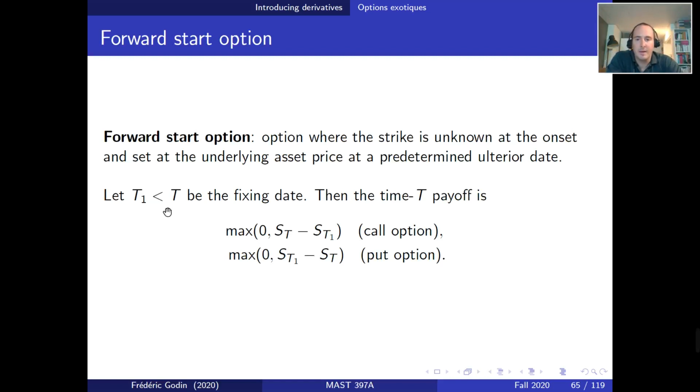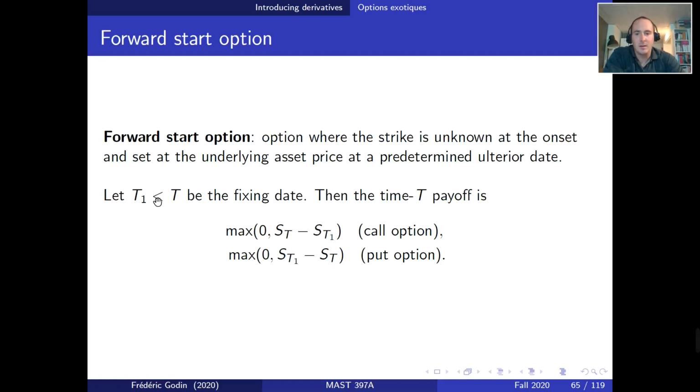So for a forward start option, in the contract it's written that at some date T1, which is earlier than the maturity, we'll look at the underlying asset price on the market, and this underlying asset price will serve as the strike price.